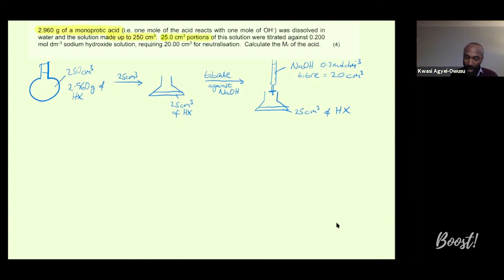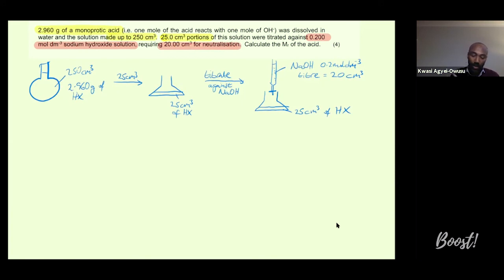So everything in yellow belongs to the monoprotic acid. And this is titrated against sodium hydroxide of concentration 0.2 mole per decimeter cubed. So I'm going to go 0.2 mole per decimeter cubed of sodium hydroxide in pink, and 20 centimeters cubed of our sodium hydroxide is required for neutralisation. So all of my sodium hydroxide is in pink.